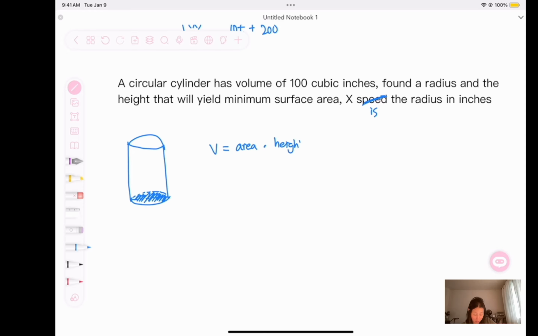We don't know the height yet. So this is the height. And the area of a circle is pi r squared, so pi r squared times the height equals the volume, which is 100. So if we solve for h, we will get the height equal to 100 over pi r squared. Oh no, sorry, we should divide by pi r squared on both sides.